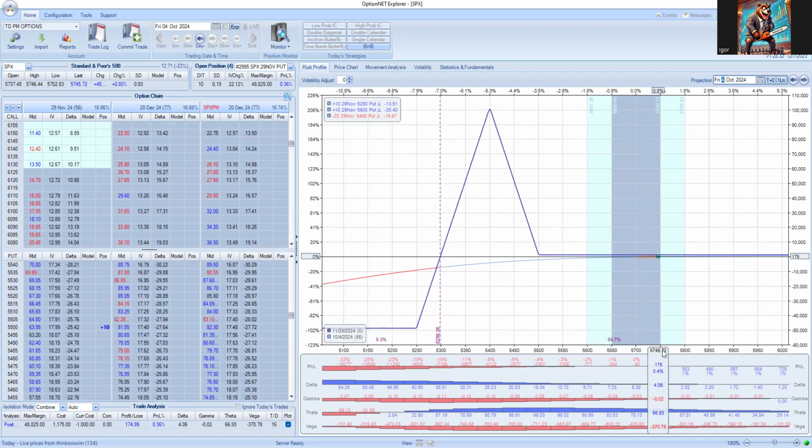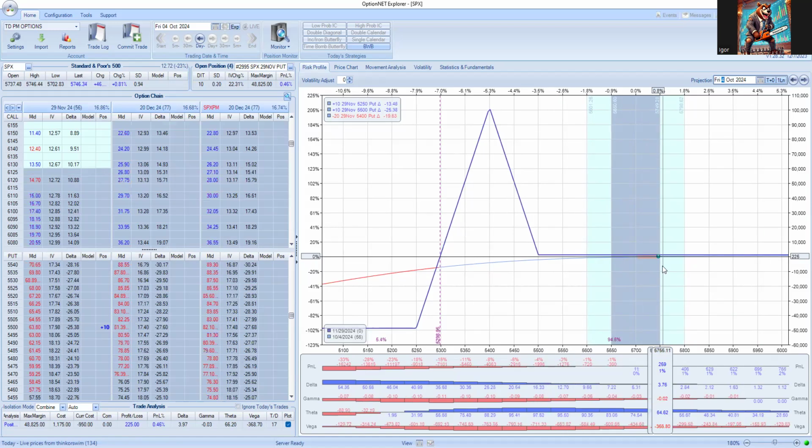I get it. Everybody wants to say, I put on this trade, I walk away, 30 days later I collect a paycheck and it's great. And it could work that way. In a very strong uptrending market, you put this trade on, the price goes higher, your maximum reward. If you do nothing else, the most you can make is what you collect up front. Maybe it's not 3% or 5 or 7% a month, but you don't have to do anything with this trade.